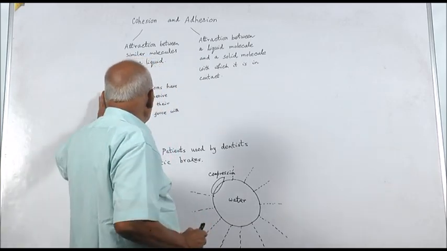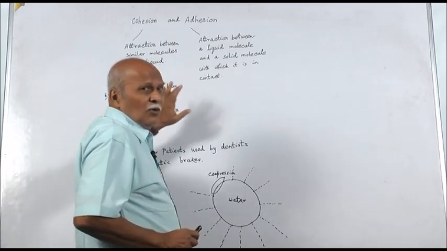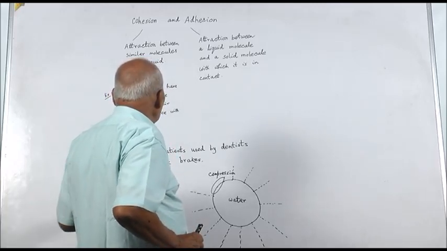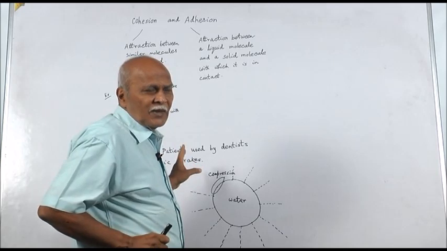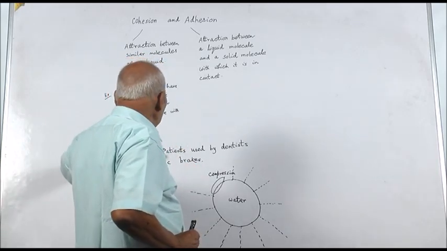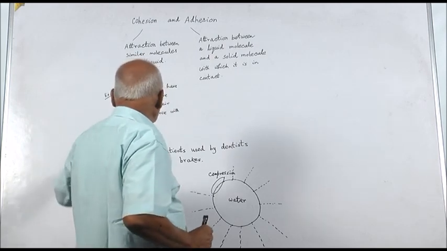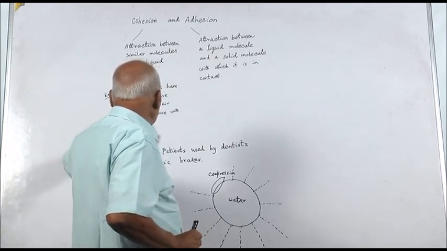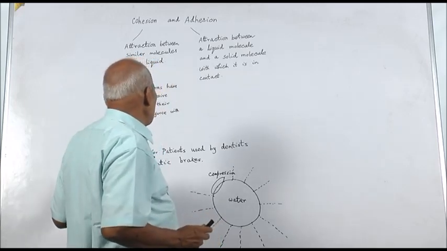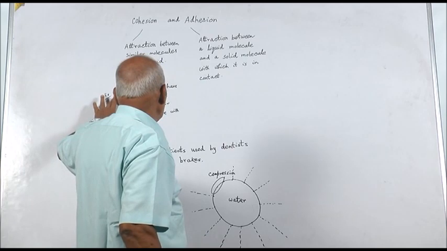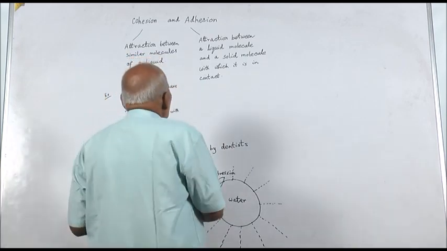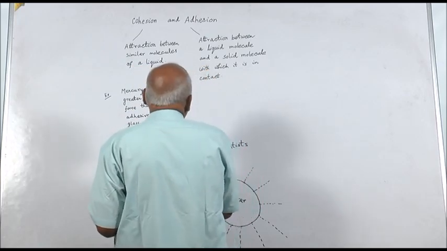Another interesting aspect of mercury is that in thermometers and barometers, mercury is always used because it does not have adhesive force with glass, and that makes it the best choice of liquid for thermometers and barometers.